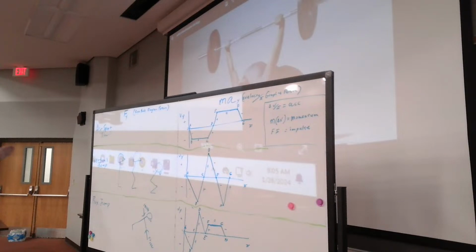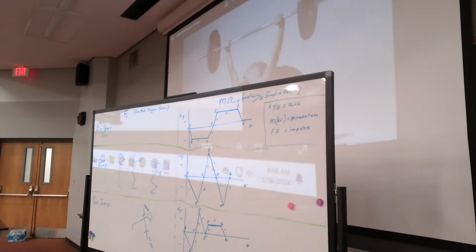Positive left side has to be positive right side. Speeding the bar up, going up: still your hands, more than the weight. Positive acceleration. The only thing that changes is the actual direction of the velocity.